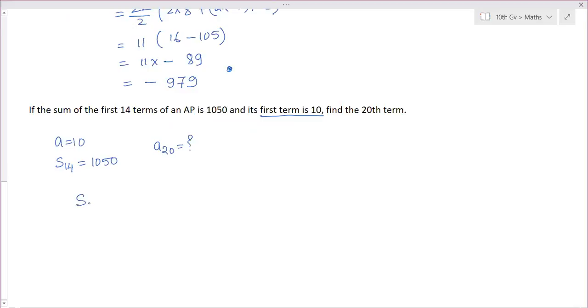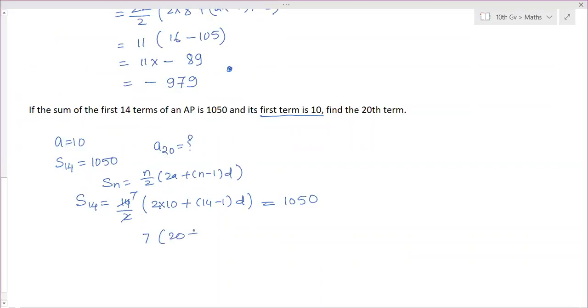So use the formula Sn is equal to n by 2 into 2a plus n minus 1 into d. So n is 14 by 2 into 2 into 10 plus 14 minus 1 into d. We don't know the d value. That is equal to 1050. So 7 into bracket 20 plus 13d is equal to 1050.